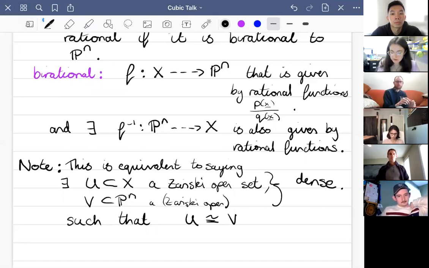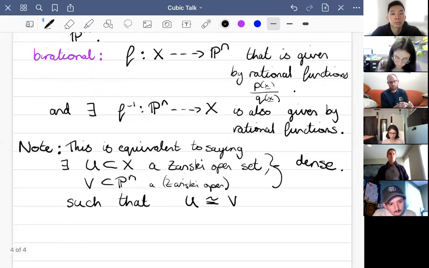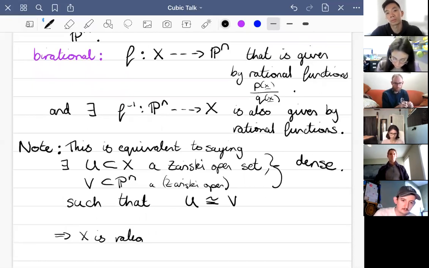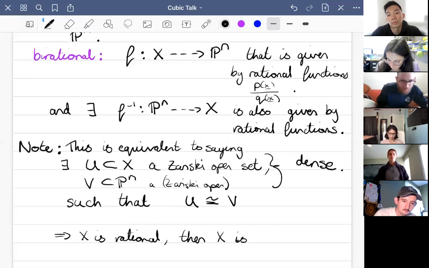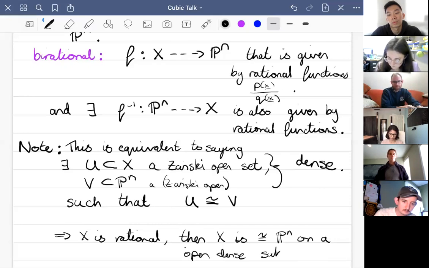So essentially what we're saying is, if X is rational, then X is isomorphic to Pn on an open dense subset. So there's a large open dense subset of X that's isomorphic to a large open dense subset of projective space.